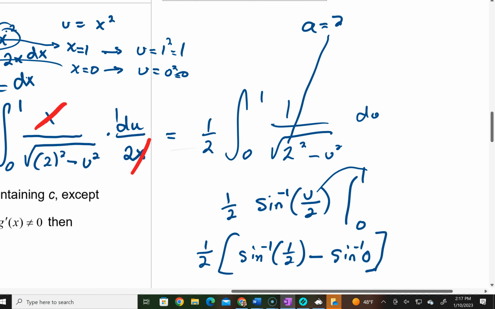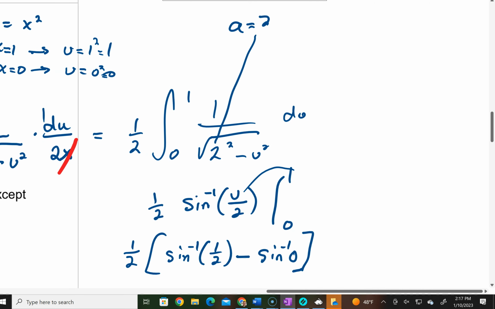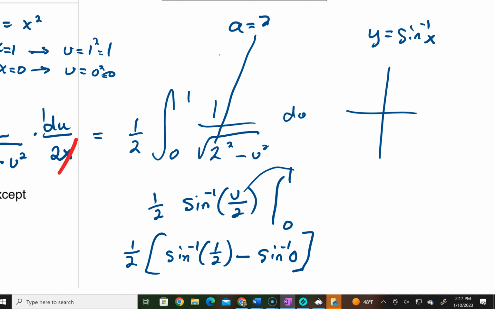Now, at this point, I do want to remind you that inverse sine is actually going to give you an angle. Inverse sine always will give you an angle between negative pi over 2 and positive pi over 2. I hope you remember that from Precalculus.